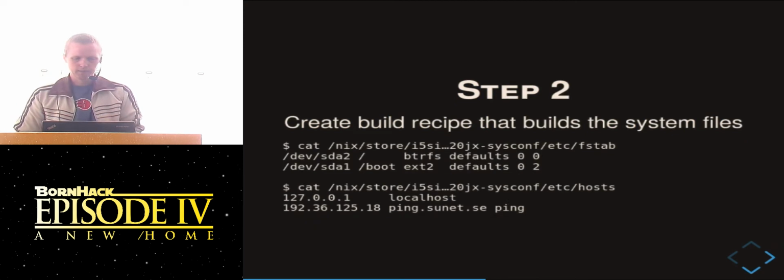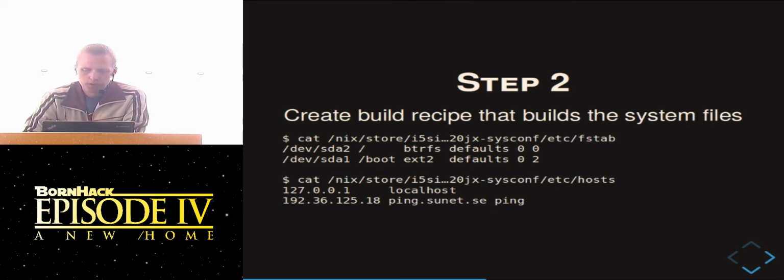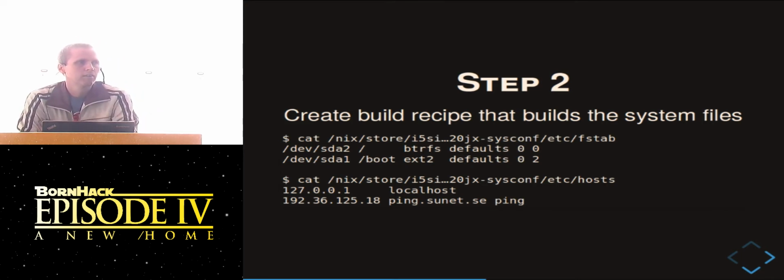And then step number 2, we create a build recipe, similar to the package description I showed earlier, to take this system description expression and create the actual files that all the different tools expect.